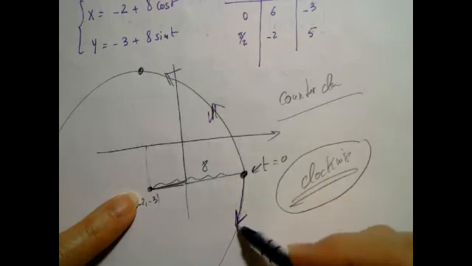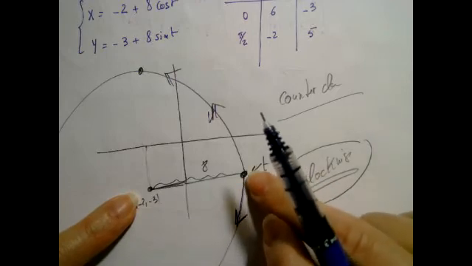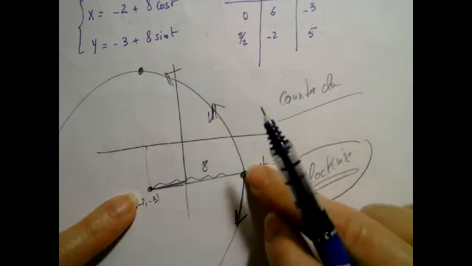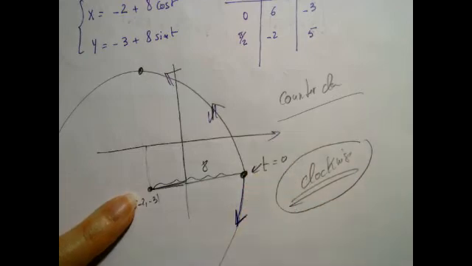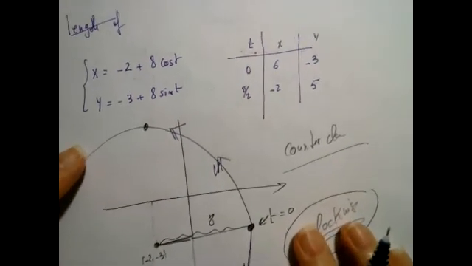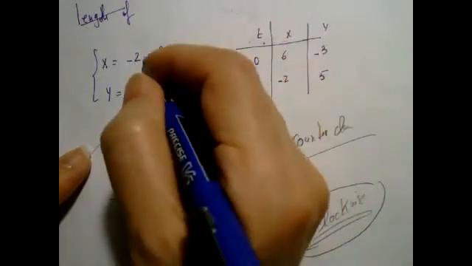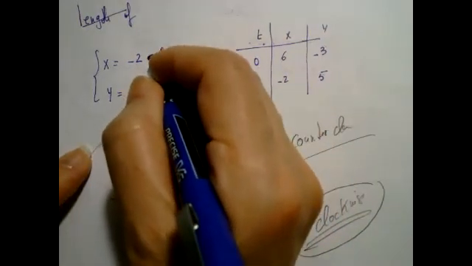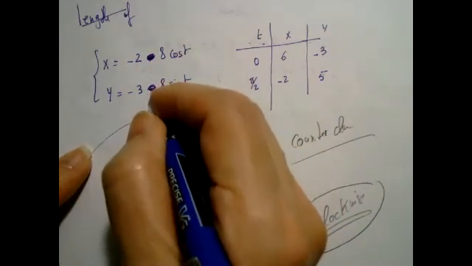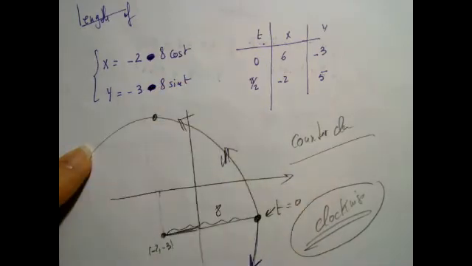So if I want it to go clockwise, it means I want the x, as time goes by, to go down and I want the y to go down. So how can I take care of that? One way we can take care of it, we can put a negative in here. And I'm going to put a negative in here. That's what gives me the clockwise.